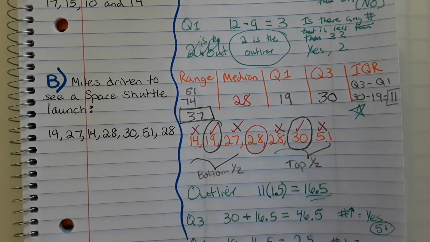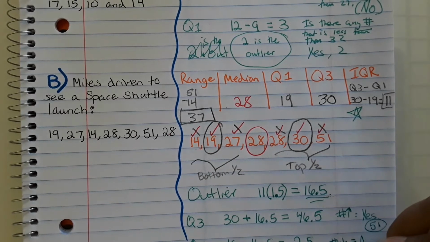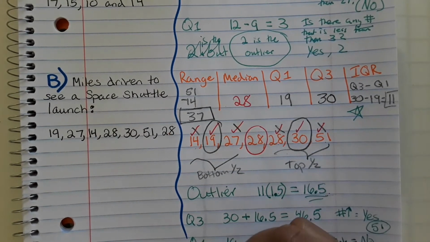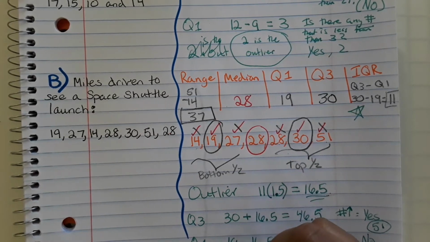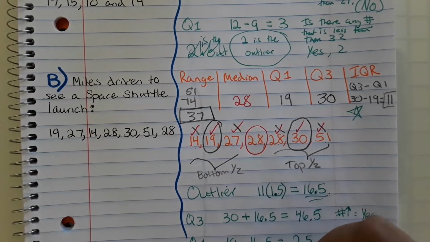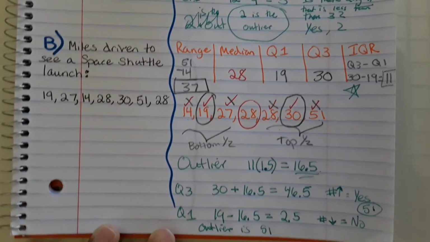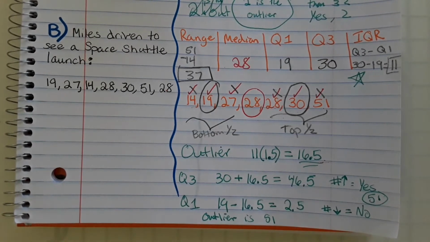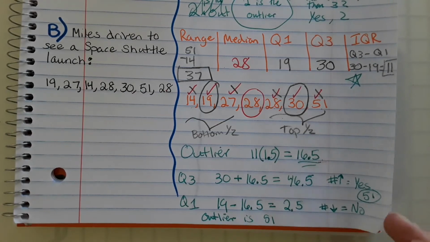That would be a no here. So our outlier, the only one we have, would be 51. And you can't see that, but there we go. The outlier is 51. Now you may be asking, is it possible to not have an outlier? And it is. There is.